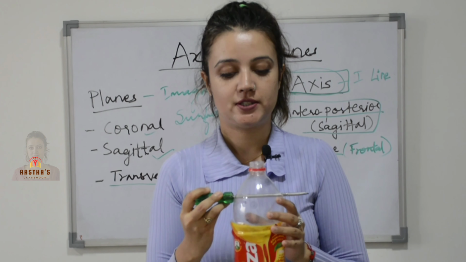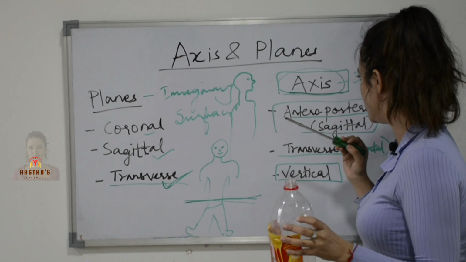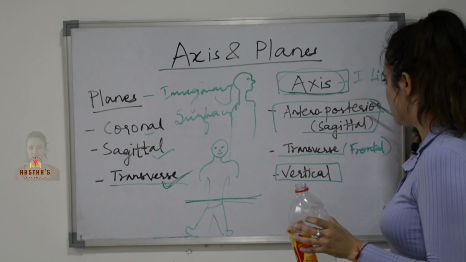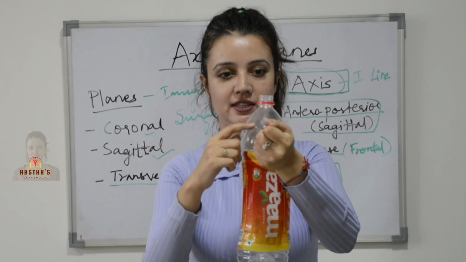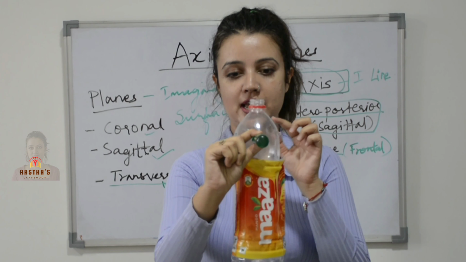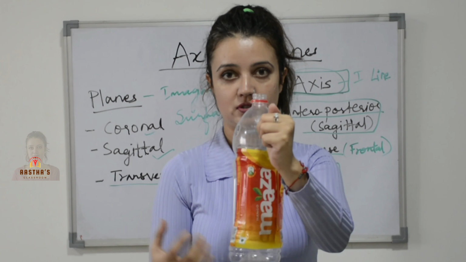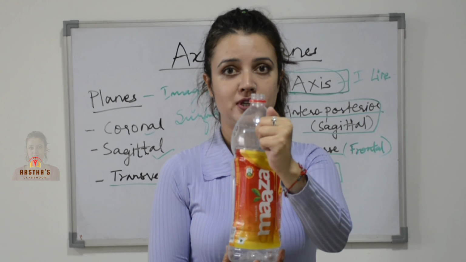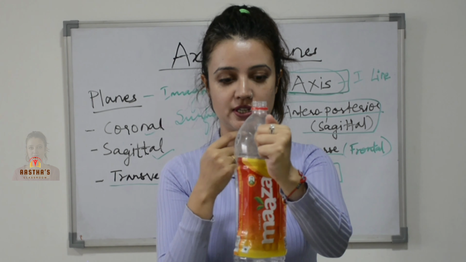So that you can understand the axis and the movement better, let me start with the first one, the anteroposterior axis. This is like a bone for us. For example, you can say that this axis is passing through the shoulder joint, and this bottle represents your humerus, your bone. Which movement is possible when the axis is coming from anterior to posterior?